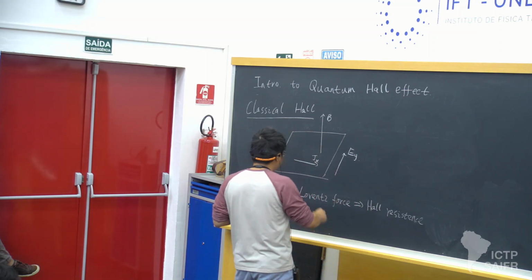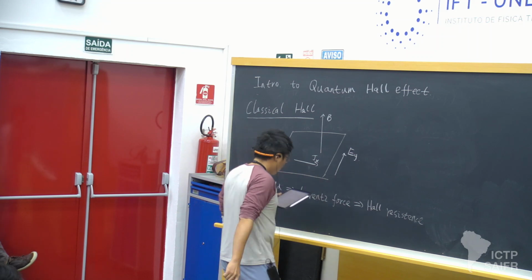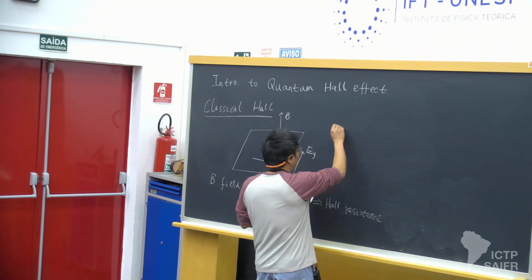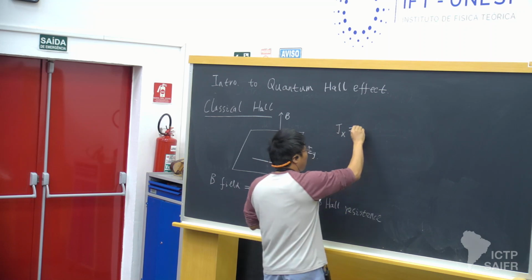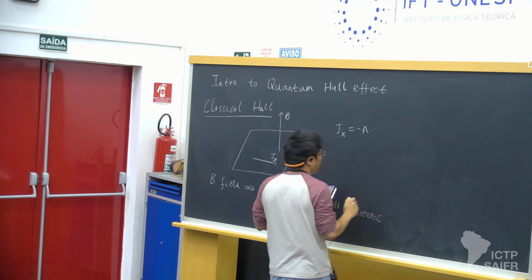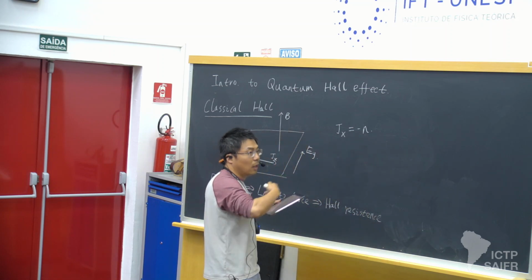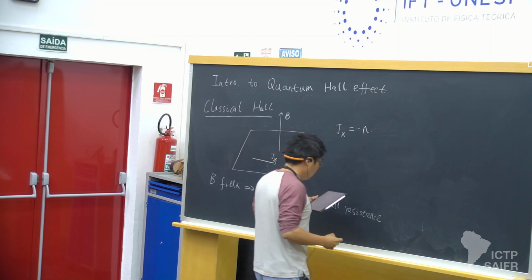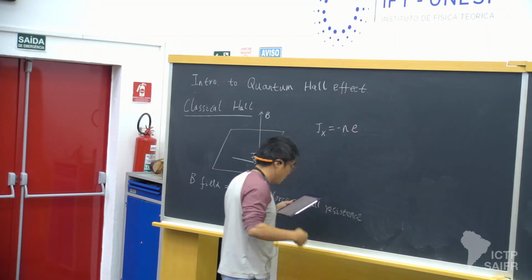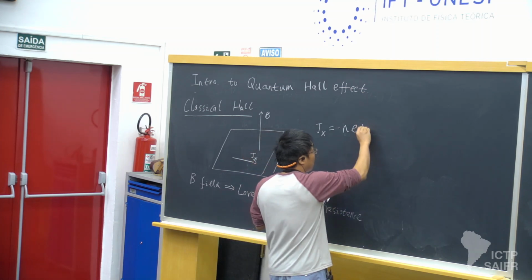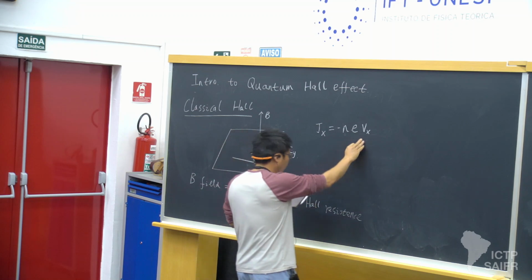Let's say we have this current density. The current density can be written as the density of the carriers, that is, the electrons that can carry the current in the system, which I will call n, times the electric charge, times the velocity of the electrons, which I call Vx, right?